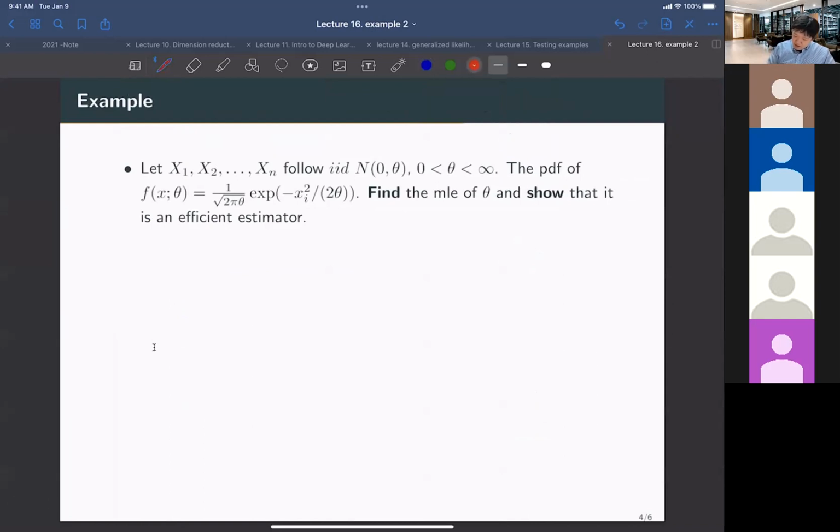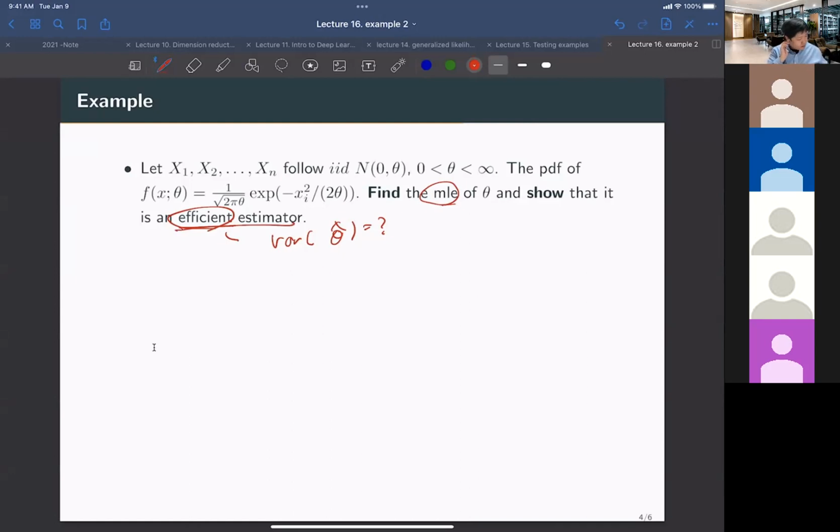So this is about the MLE question. In addition, it asks to show that it's efficient. When you see efficiency of an estimate, you need to consider the variance of the estimate. Efficient means that the variance of the estimate achieves the minimum variance that an estimate can have, right? Which means it achieves the Cramer-Rao lower bound. That's all.